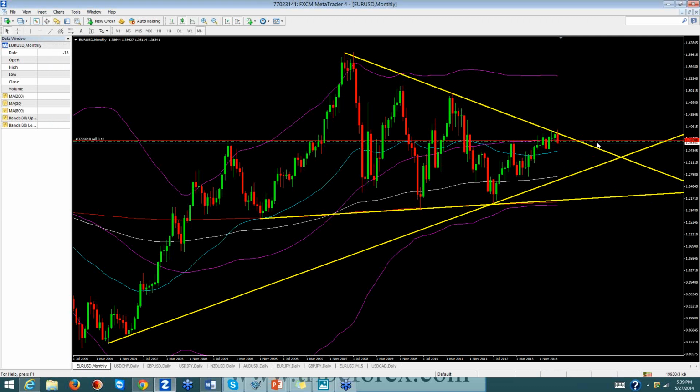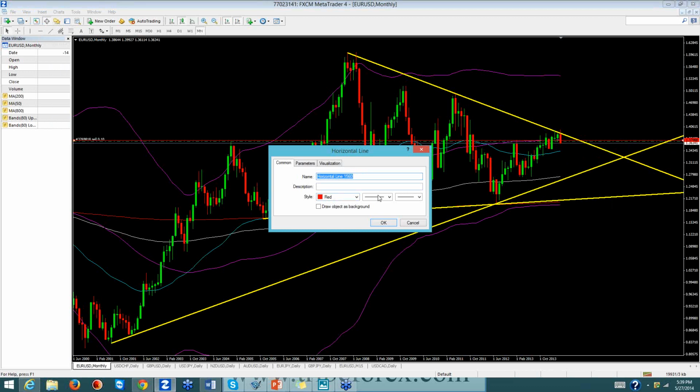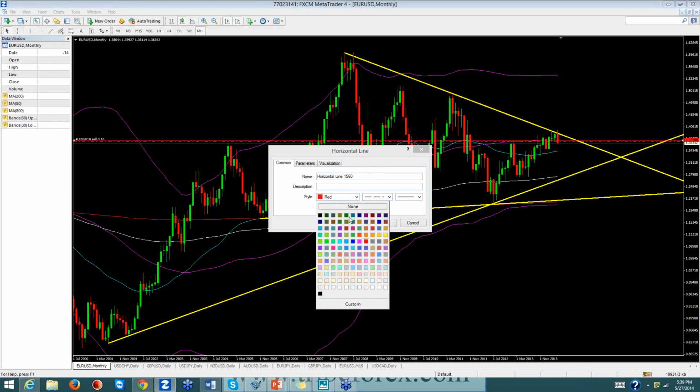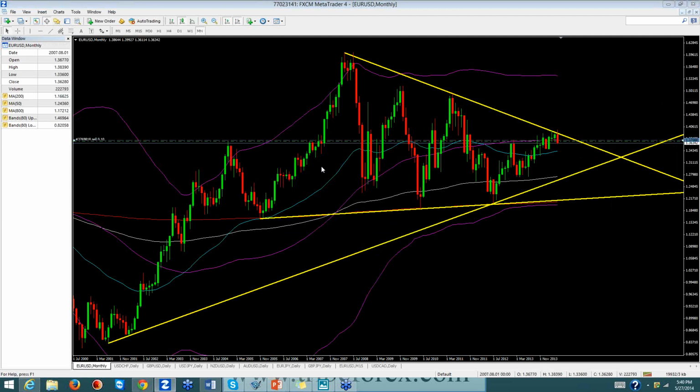And that's just for the day. That's my Bollinger Midband, so I'm going to put it in a dashed line, give it a different color because it is on the monthly chart. And I think that'll do it.